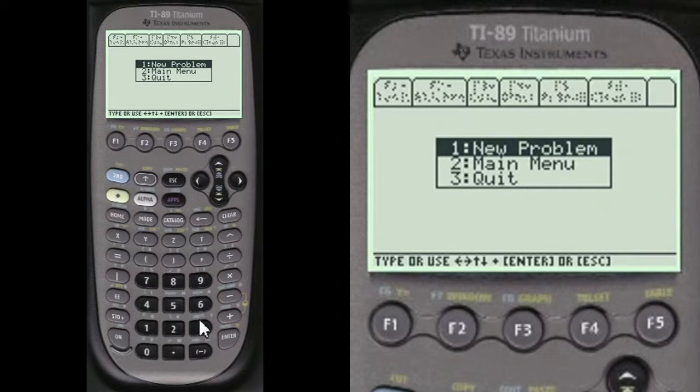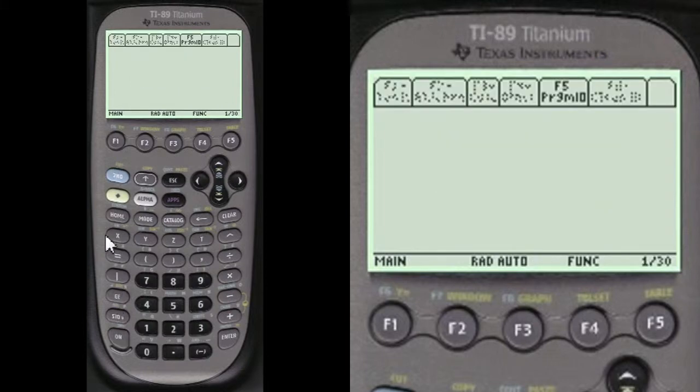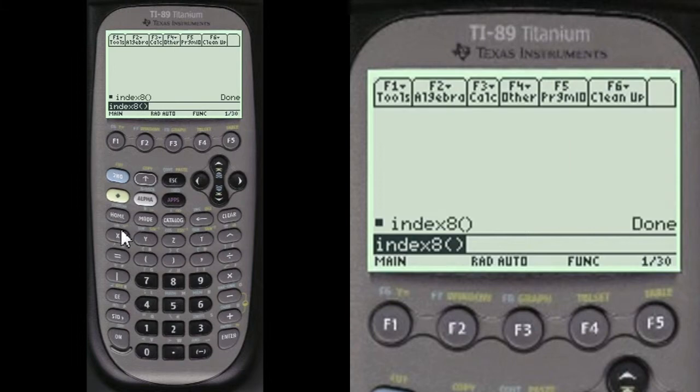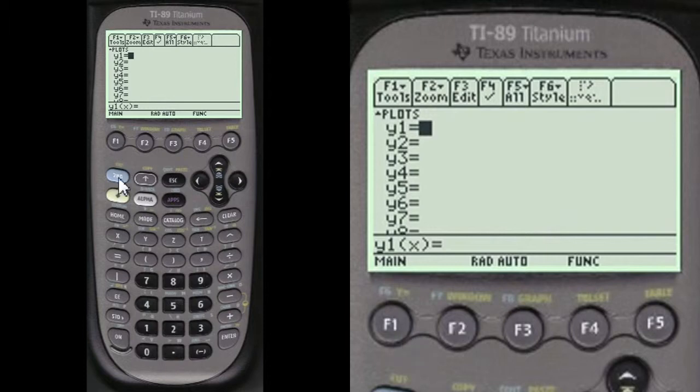We're going to quit here and get back to the home screen. We're going to press the gold key and the F1 and put in the function. You don't have to use alpha because you're using the calculator itself.